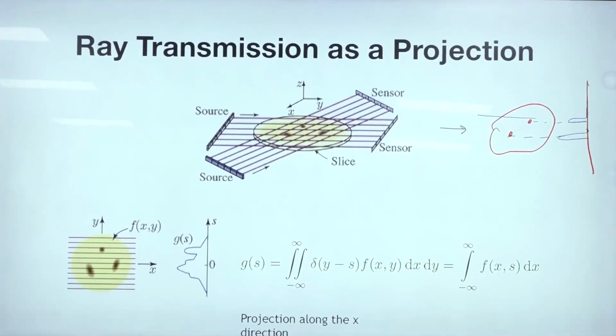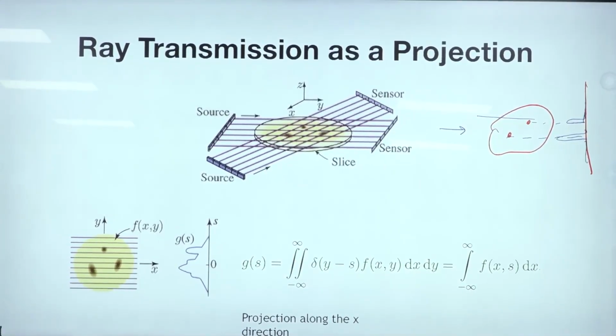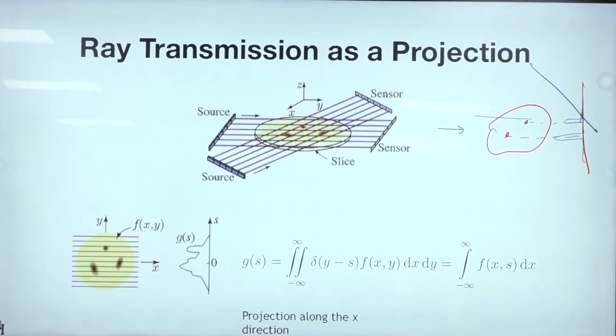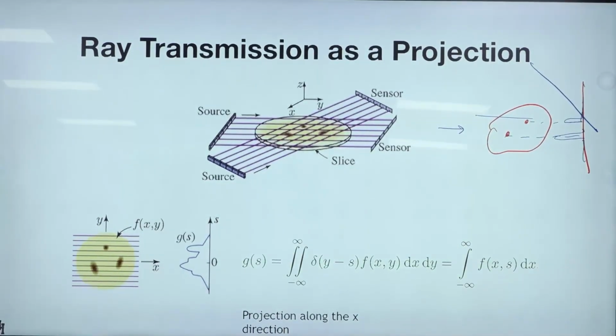But if you look at it from a different angle, you will have just one peak, because one will be on top of the other. But if you see it from a completely different angle, then you will have one peak here and another peak here. So depending on which angle you look at, you get different kinds of data.